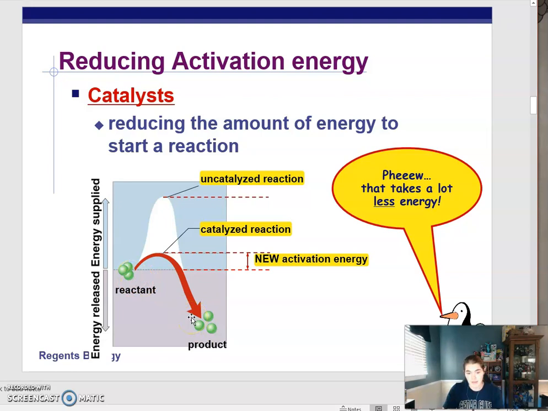You pitch what you make. So reactant is the start, product is the end. But in order to get there, there's energy needed for it to occur. If you add in an enzyme, which is a catalyst, it lowers the amount of energy you need, making it easier to do so.